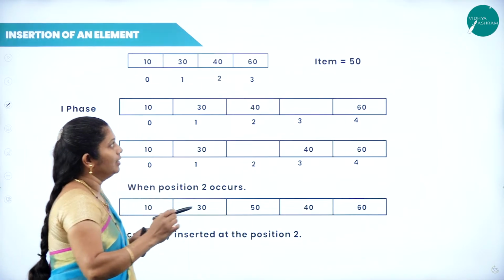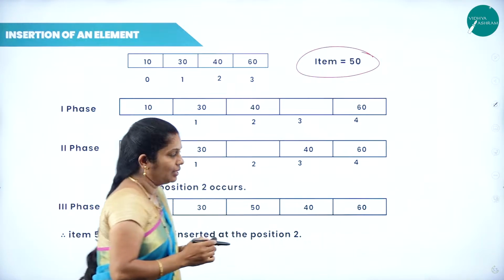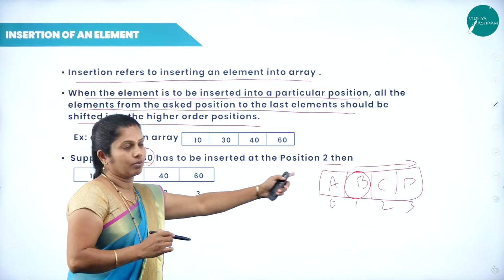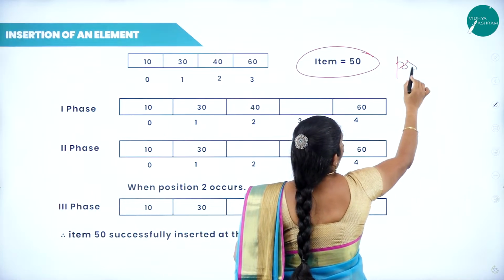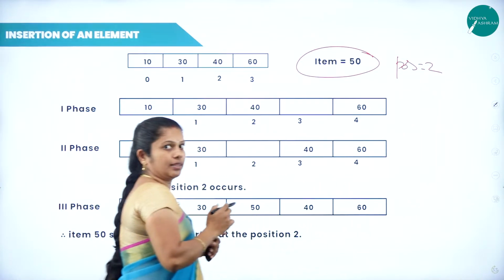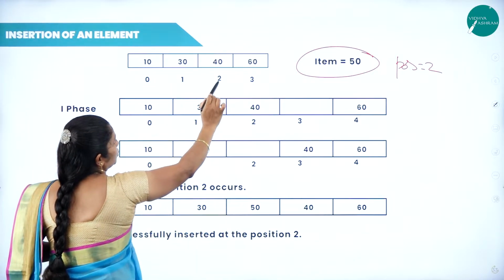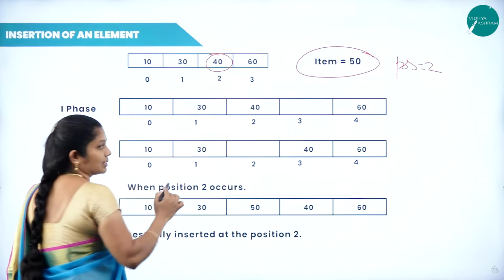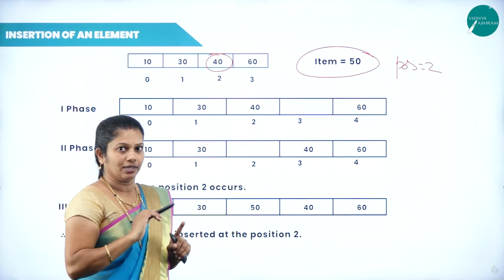Here you want to insert an item 50 in the position 2. In the question itself, if you get the position 2, then you have to observe in the array 0, 1, 2. On this particular place, we want to insert the new item 50.